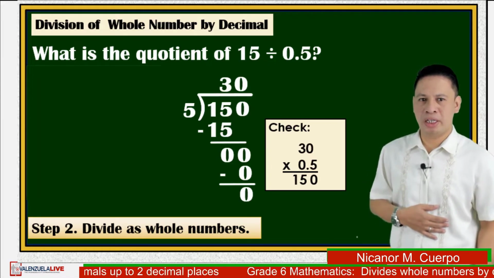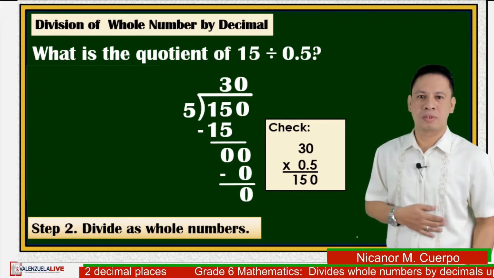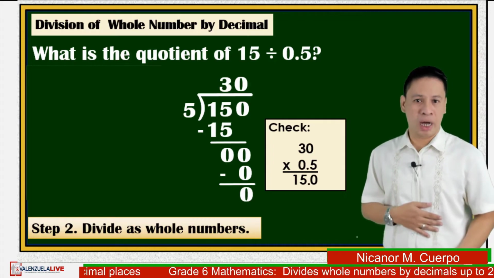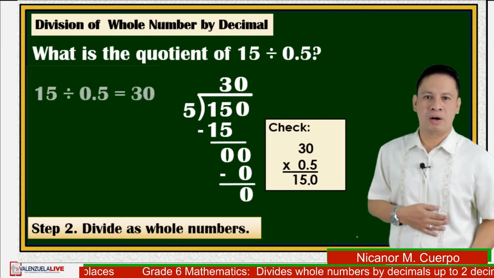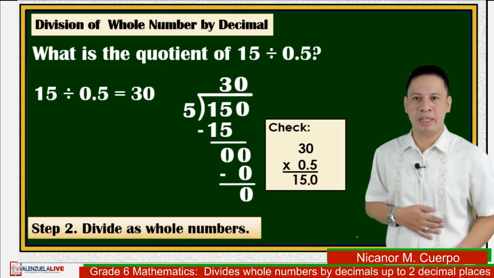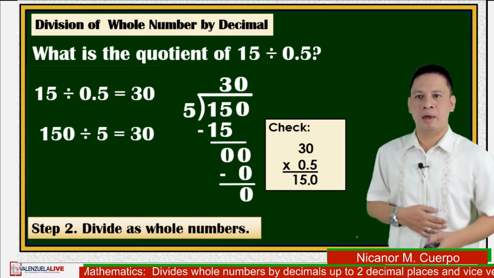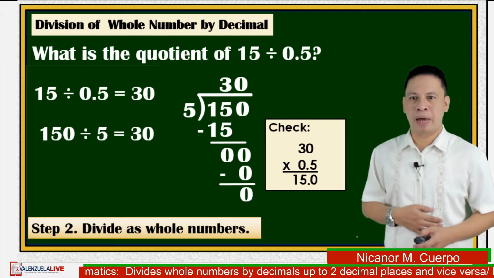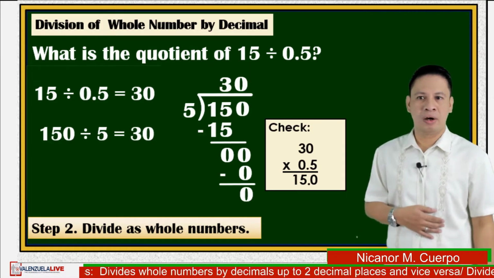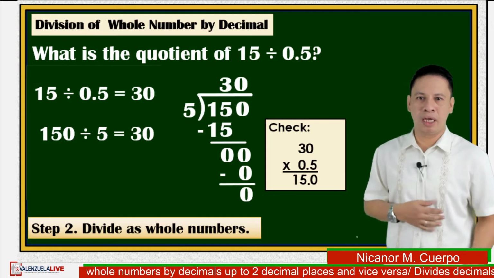Then check how many decimal places will be in the final product. Correct. There will be one decimal place. So our product is equal to the given dividend, which is 15. So we can say 15 divided by 5 tenths equals 30, equal to 150 divided by 5 equals 30.